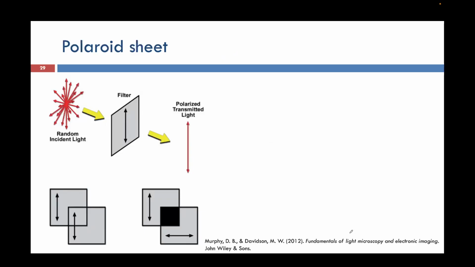So how do we get from randomly polarized light to linearly polarized light? We use a filter.